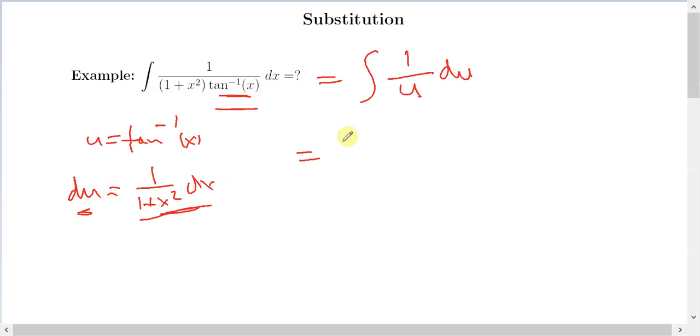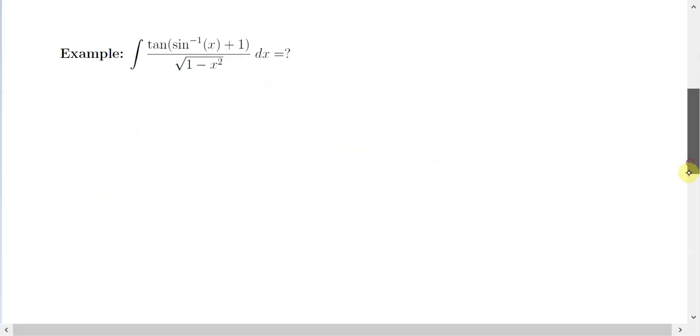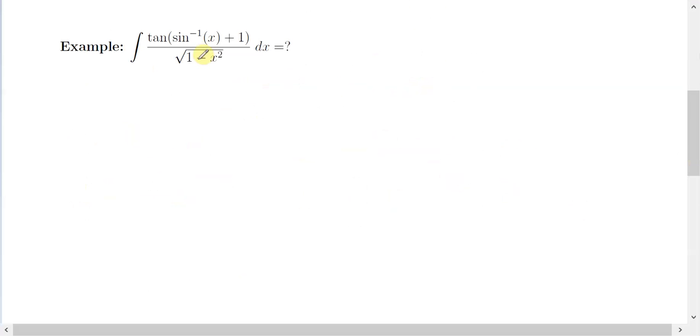So I end up with, in this particular example, natural log of absolute value u plus a constant. And that's going to be natural log of the tangent inverse plus a constant.